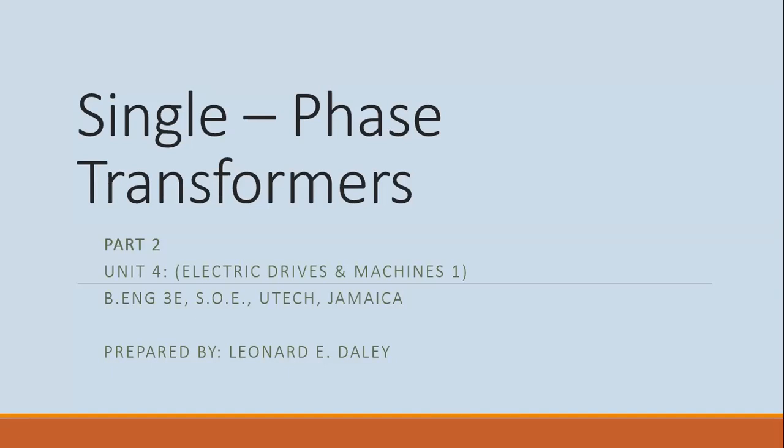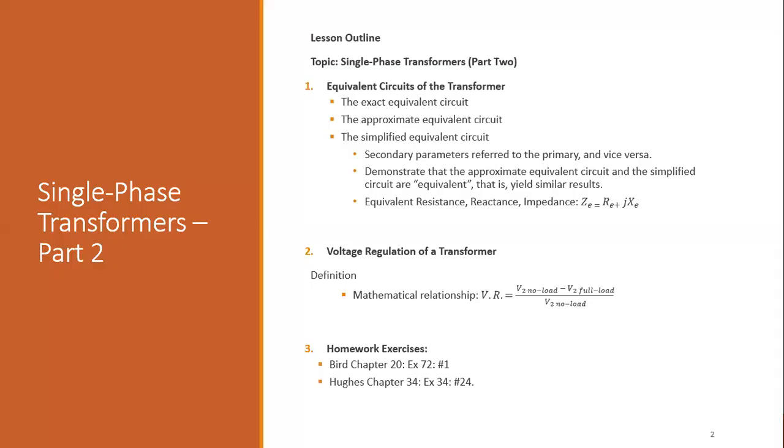And today we will look at these topics. We're going to be looking at the equivalent circuit of the transformer, and you will realize that there are actually three different types of equivalent circuit. One is the exact, which I introduced to you a couple weeks ago, and then we can approximate it, and then we can even further simplify it.